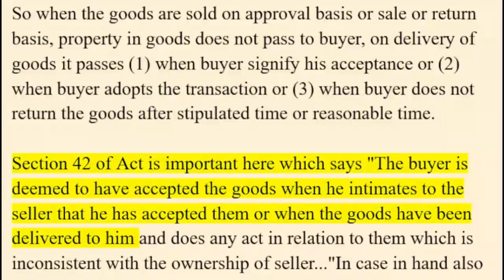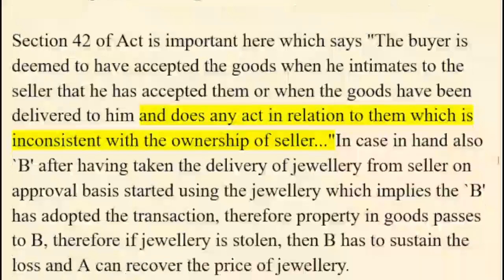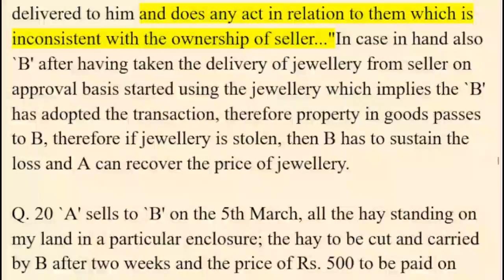Section 42 of the Act is important here, which says, the buyer is deemed to have accepted the goods when he intimates to the seller that he has accepted them, or when the goods have been delivered to him and he does any act in relation to them which is inconsistent with the ownership of the seller.